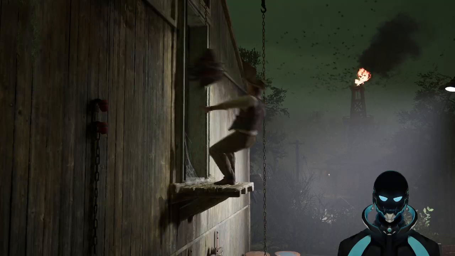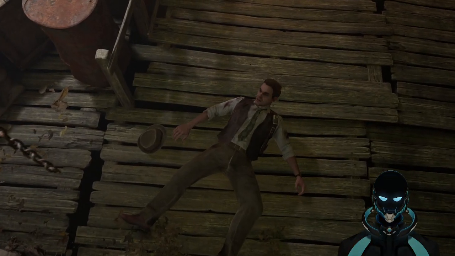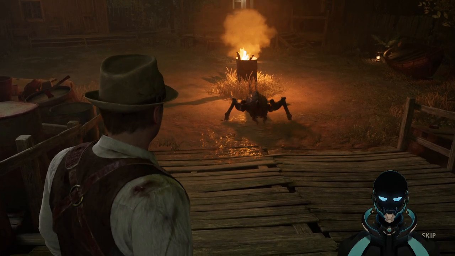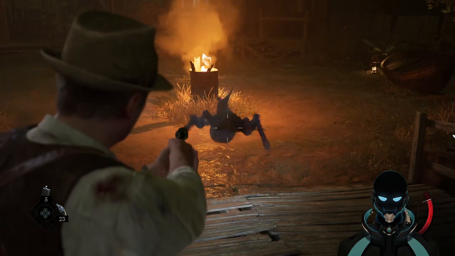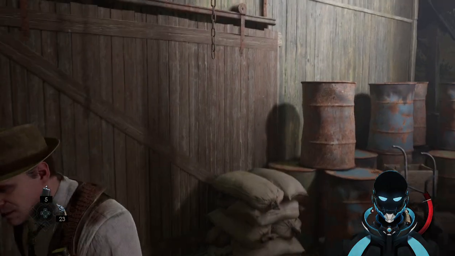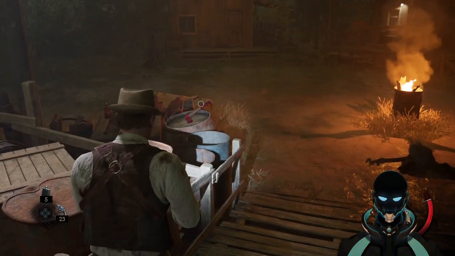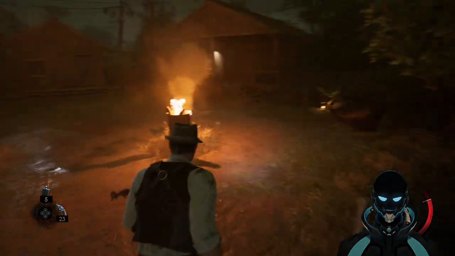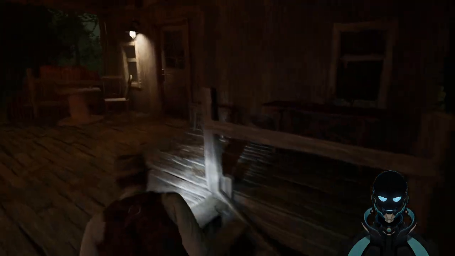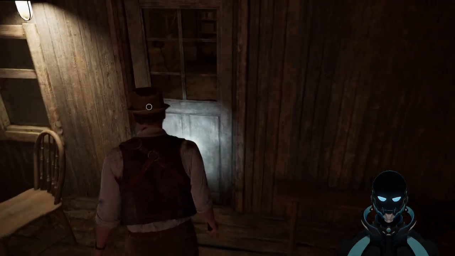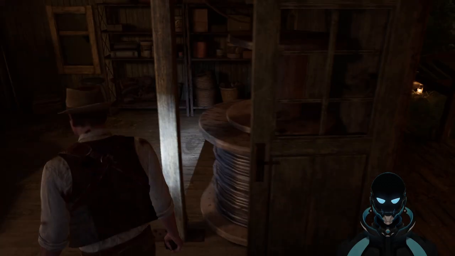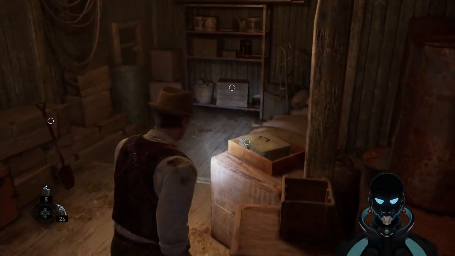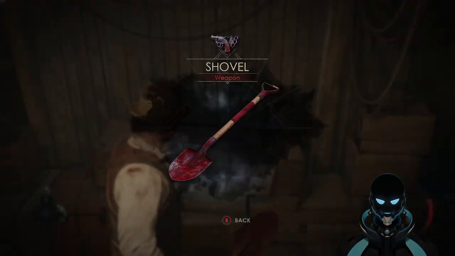Carnby, don't go down. There was an item up there. That seems like a good weapon.